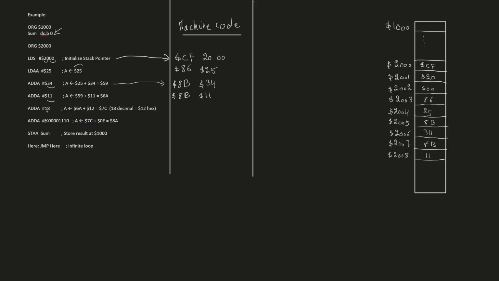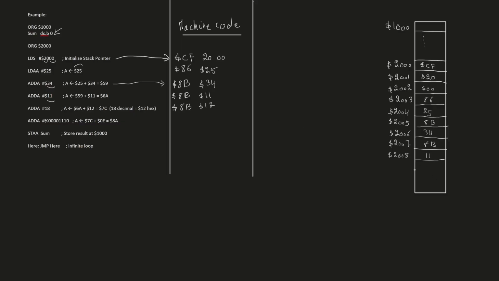Next, also ADDA, we're adding decimal number 18, because there's no $ sign in front of 18. So the machine code will be 8B, and then 18 is number 12 in hexadecimal. So this will be 8B 12.